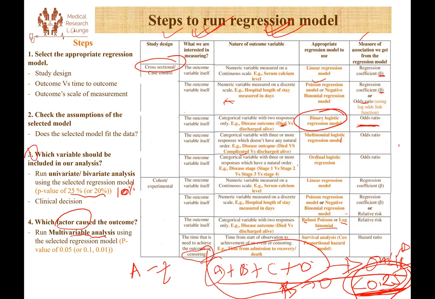In step 3, since we're doing one-to-one analysis, we call it univariate, or bivariate, referring to only one exposure and one outcome, just two variables. But in this case, we're going to include many variables, let's say A to D, and see their effect on the outcome. The main purpose of running multivariable regression analysis is to control confounders, so that we can get the pure effect of each exposure on the outcome.